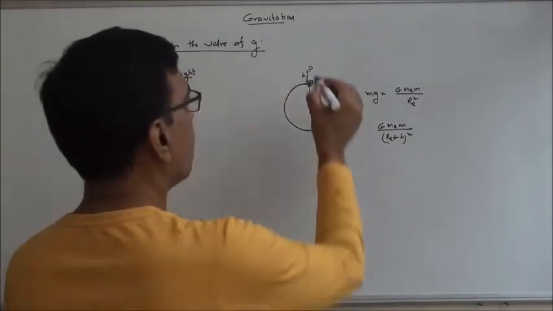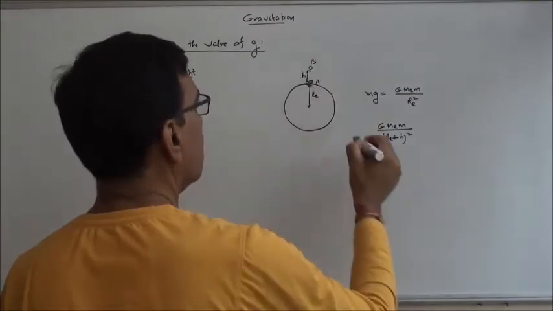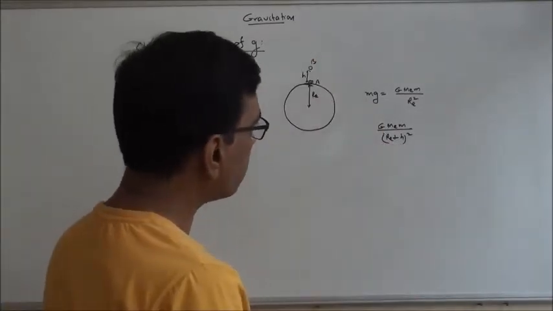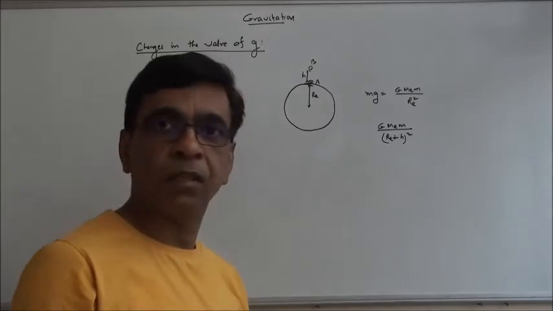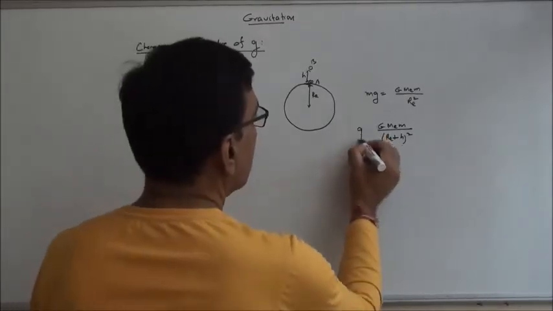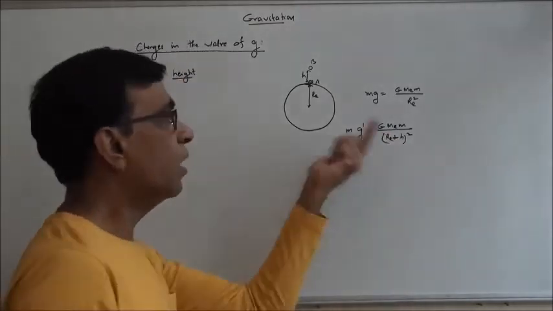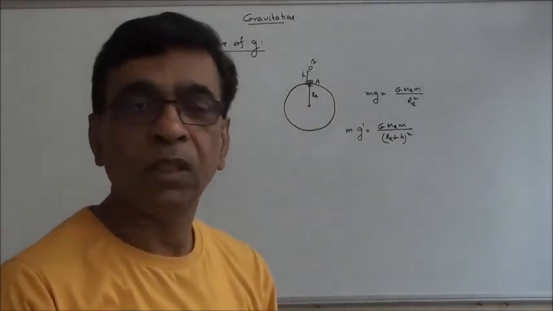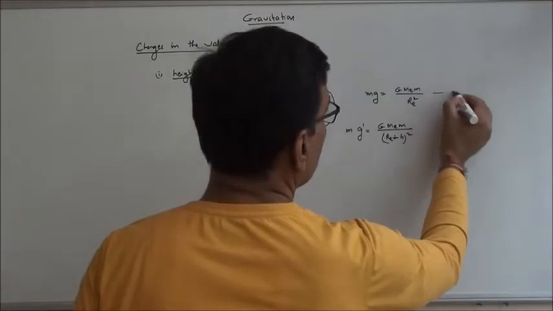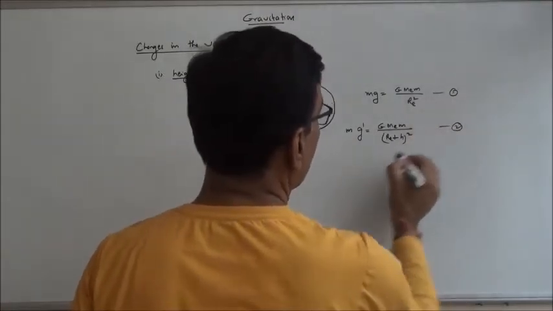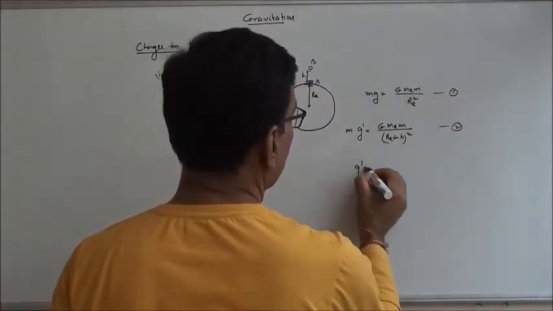If I assume that the gravitational force here at point B is mg dash, g dash is the gravitational acceleration there, then this mg dash will be equal to GM_e m upon (R_e plus h) square. From these two equations, I can work out what is the value of g dash.